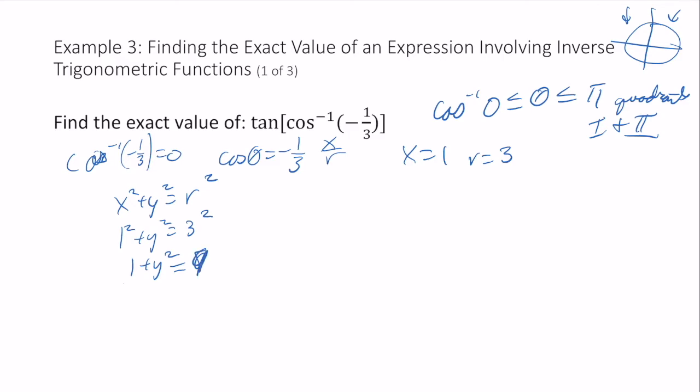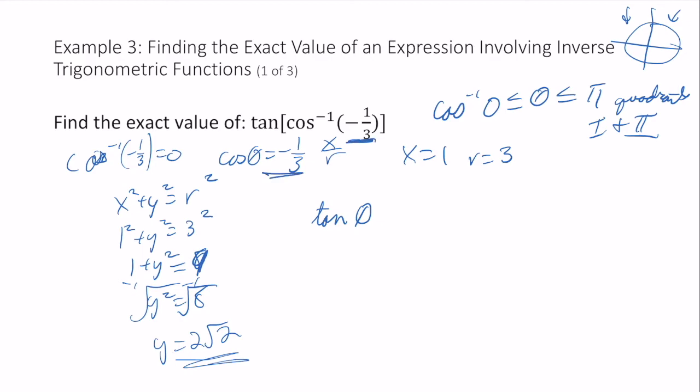Subtracting 1 gives us 8. I take the square root of both sides. I get y equals 2 square root of 2. So if I want to find the tangent of theta, I know that my y is going to be 2 square root of 2 and my r is going to be 3. But wait, what quadrant am I in? My cosine, my x value, was negative.